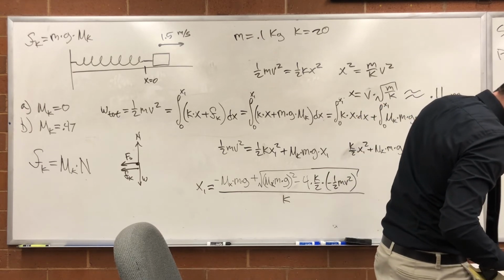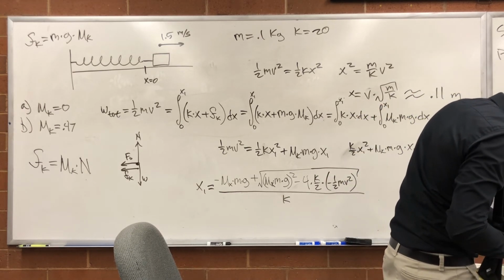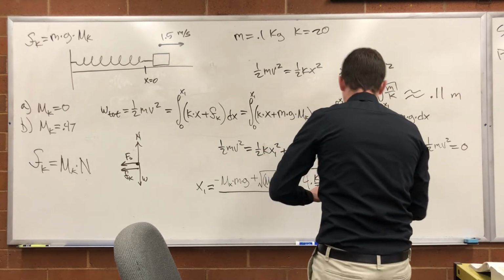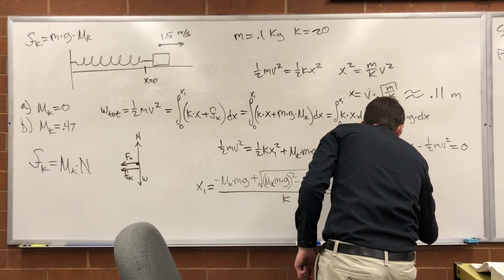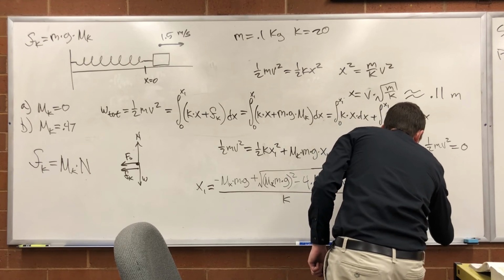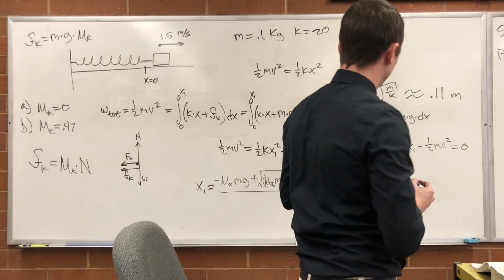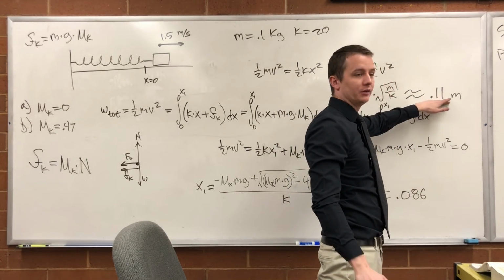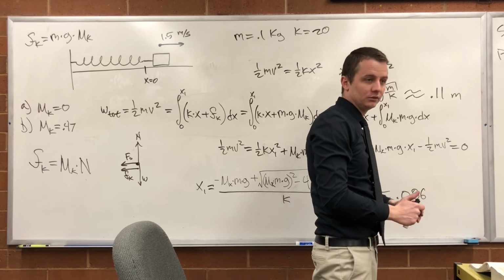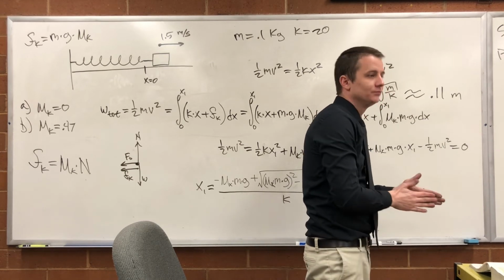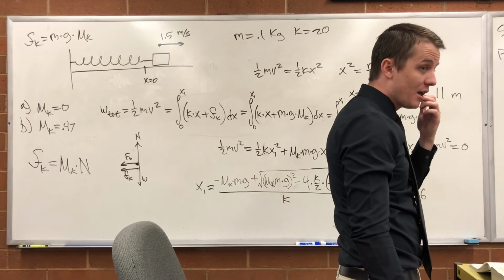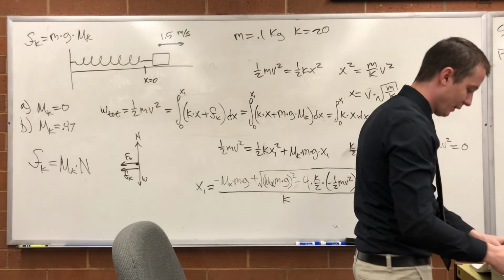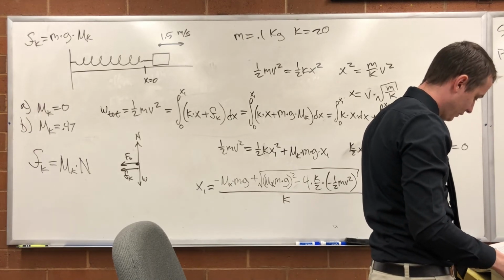No, they say 8.6 centimeters. Okay. So round it to 2 decimal places. This is 0.086 meters, which is slightly less than it was without friction. Without friction, with friction. Oh, that makes sense. Good? Nice, easy problem. Just a bit of algebra. Nothing too hard about it.